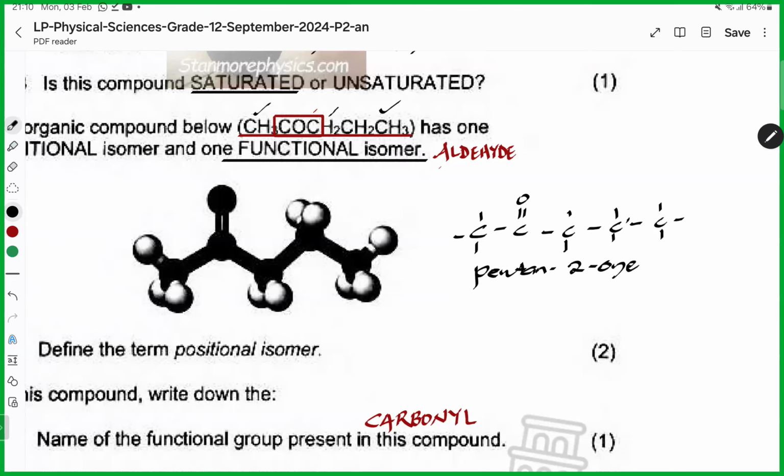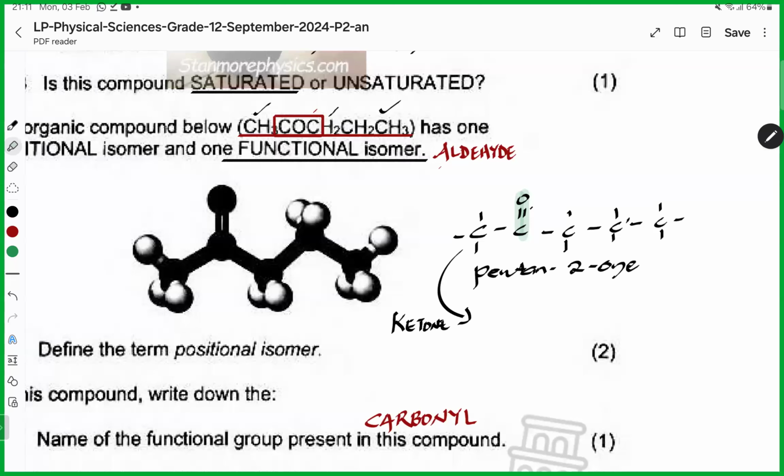What's a positional isomer? A positional isomer, firstly, is where we don't change the functional group. So it's still a ketone. But what will be different between this ketone and the isomer, which is going to be its positional isomer, is you're going to change the position of this functional group.